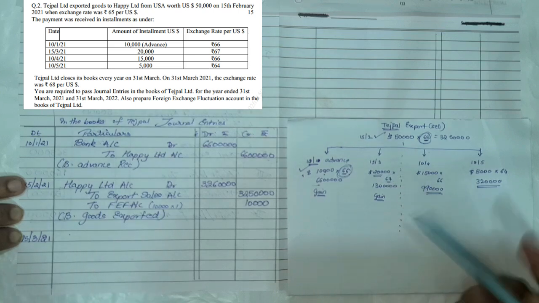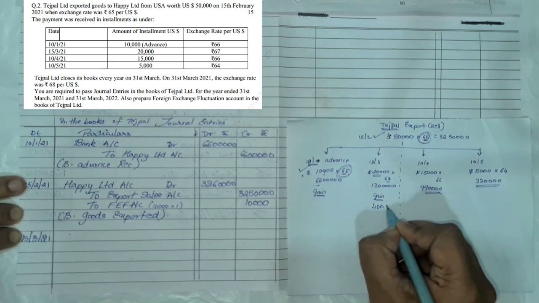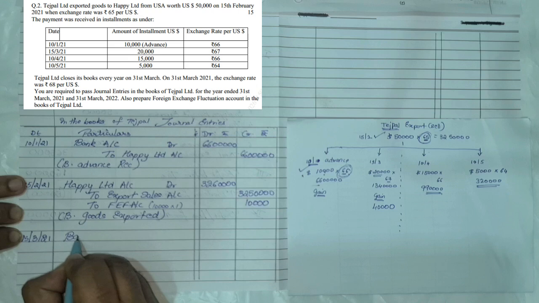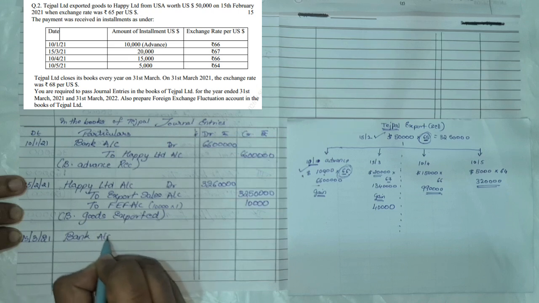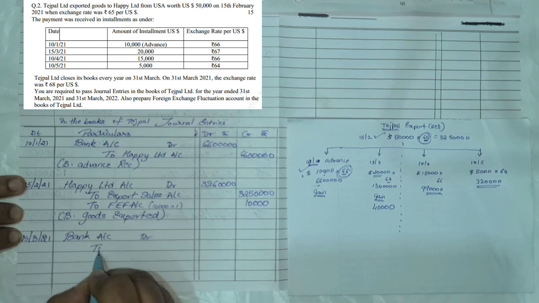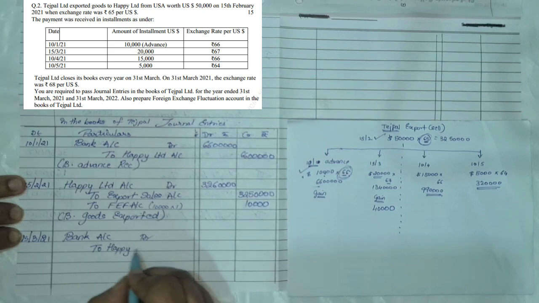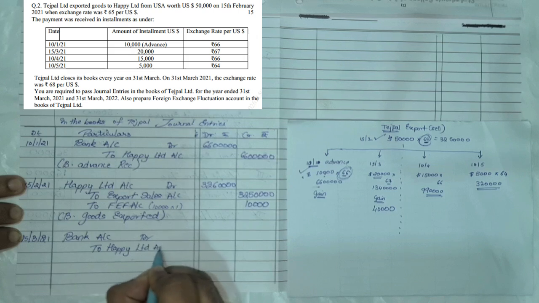So there's going to be a gain of 40,000. So we are passing the entry again. Money is coming in. Bank account debit to who is giving you the money? Happy Limited. So party account credit to FEF, because there's a gain in this.